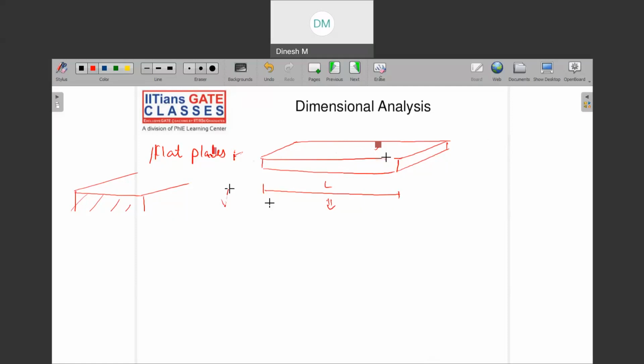The dimensionless number becomes a function of other dimensionless numbers.